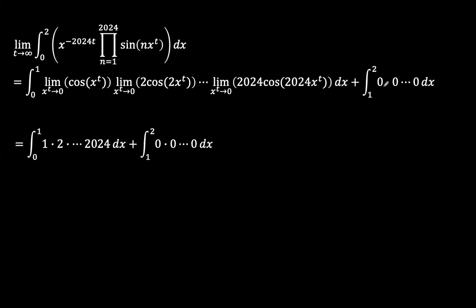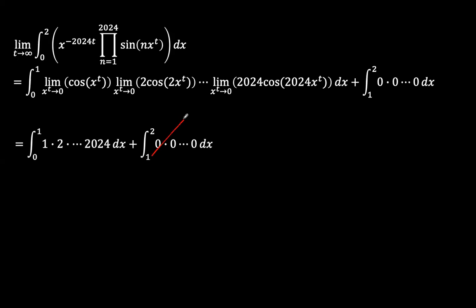And this other term here becomes 0. So here, as x to the power t tends to 0, cosine of 0 is definitely 1. Since this is 1, we're left with this constant 2, and that continues up to 2024. So we have a product of 1 times 2 times 3, all the way to 2024.